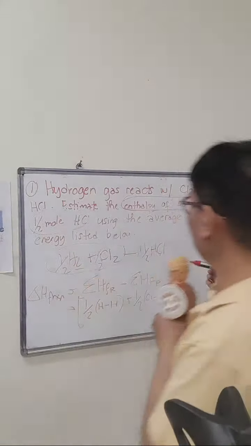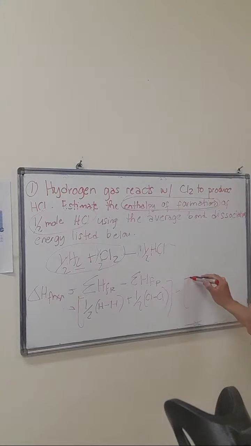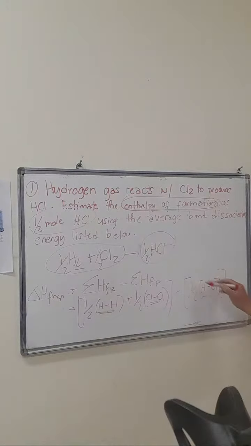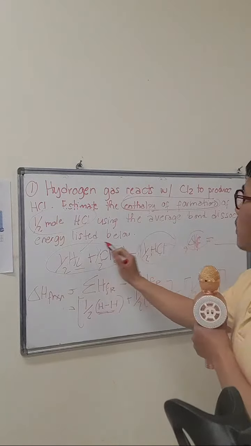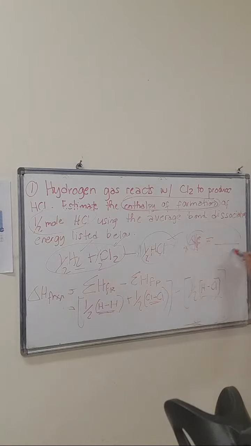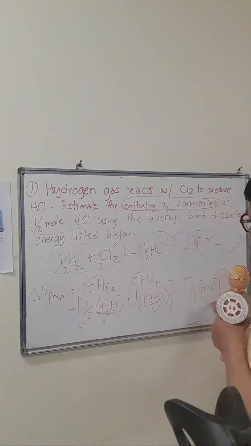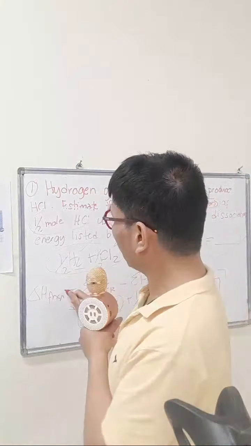Now, for the enthalpy of formation of the product, we have 1/2 mole and 1/2 H single bond chlorine, like this. Each bond in the parentheses has its own corresponding enthalpy change values, delta H for hydrogen gas, chlorine gas, and HCl. You need to find these in the table in the book, substitute them here, here, and here, then you can obtain your enthalpy change of formation.